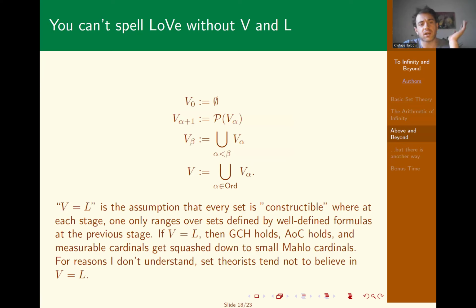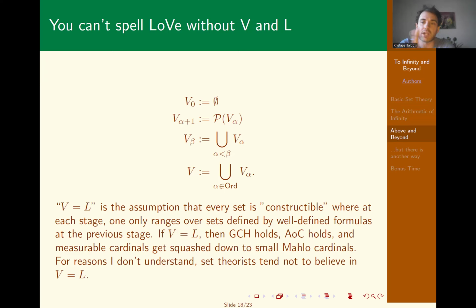There's this other thing. I probably shouldn't even get into this because I'm not an expert on it, but more or less, V equals L is sort of an assumption about how we can define sets in stages.